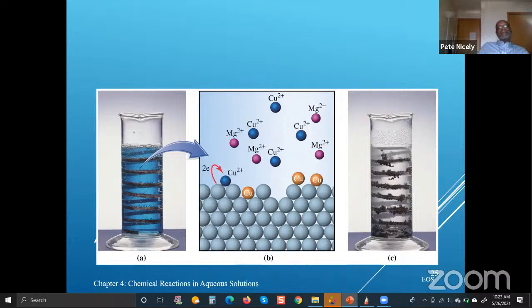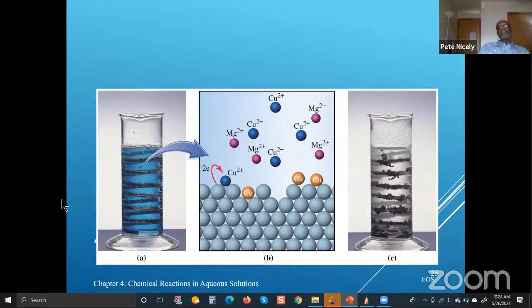Copper 2 sulfate has a blue color due to the copper 2+ ions present in the solution. If you wait a while, you'll see that the blue color will start to clear up, so it looks like this over here on the right. In addition, you're going to see some deposits left on whatever is remaining of the magnesium.